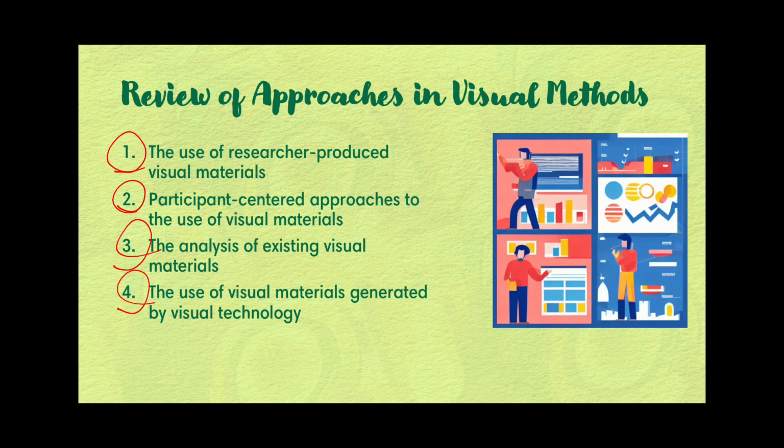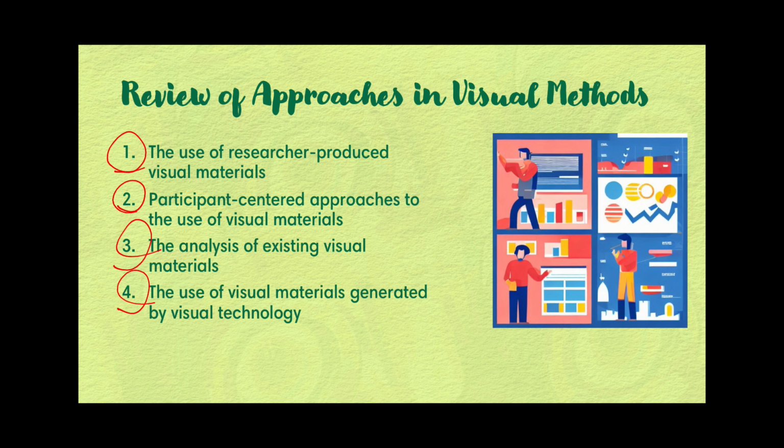And then number 4, the use of visual materials generated by visual technology. This can be, for example, AI generated visuals or visuals that are created through film. So the focus is on the visual technologies that were used rather than the visual data.